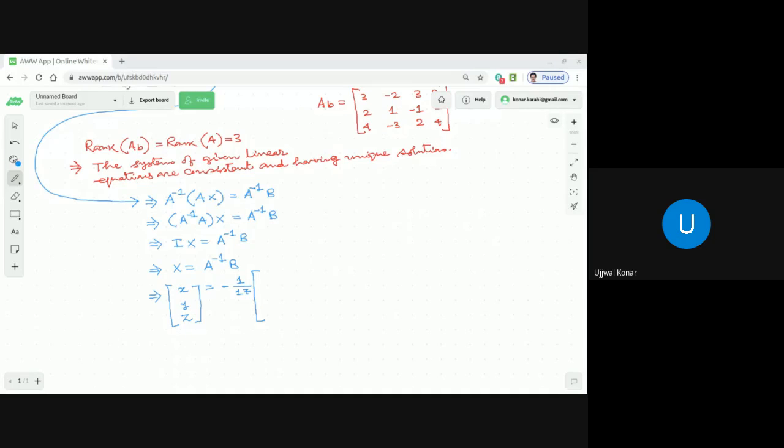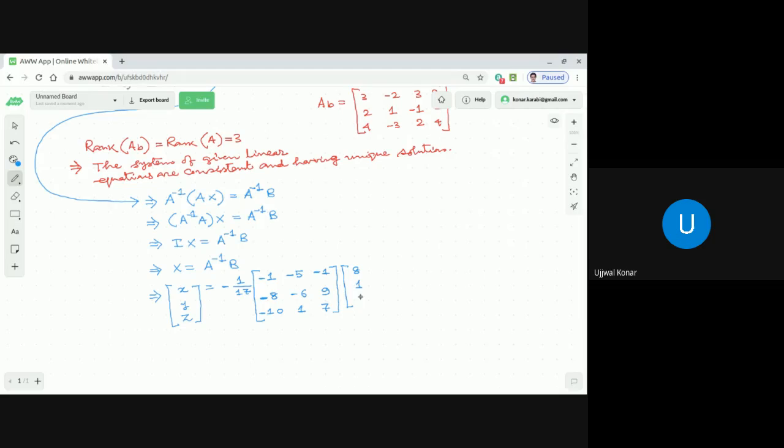And then the constant matrix, that is 8, 1, 4.